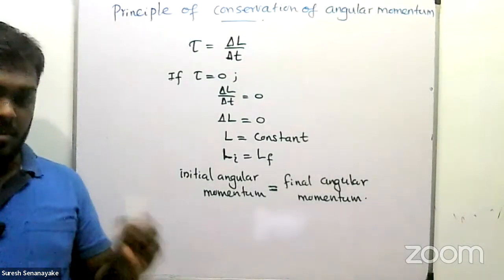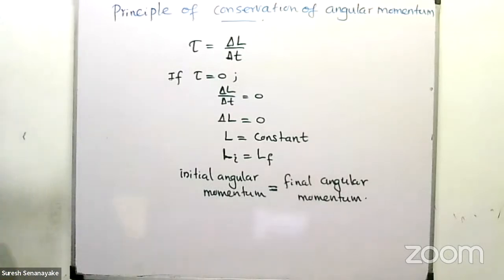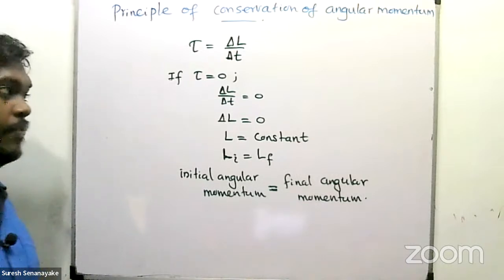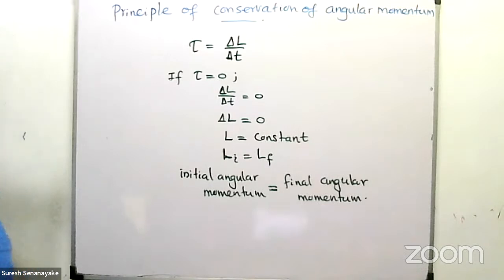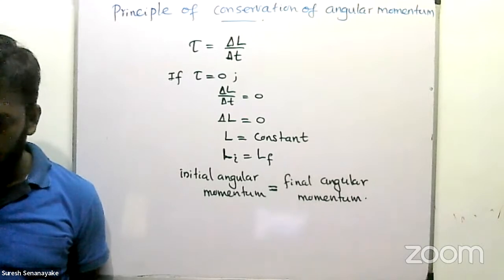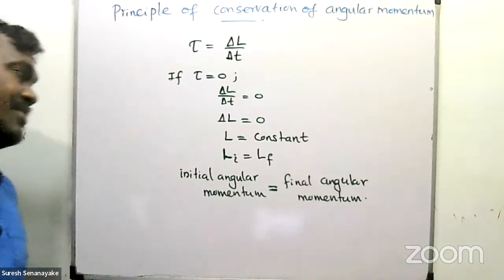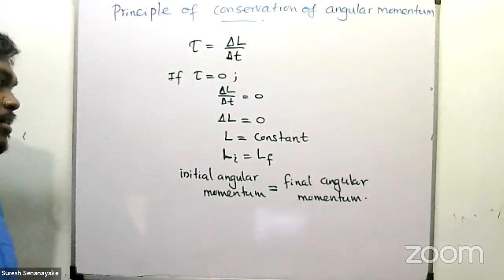So write: when no external torque acts on a system, the total angular momentum of the system remains constant.